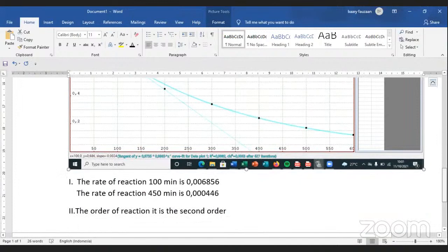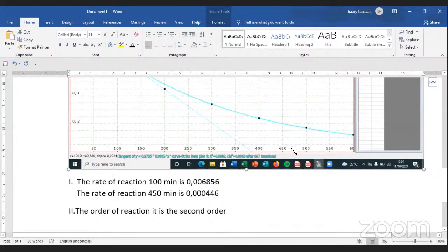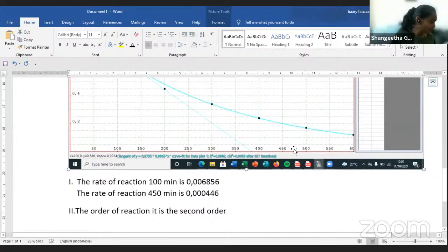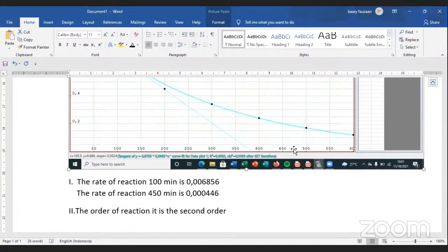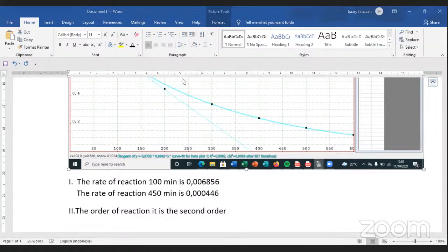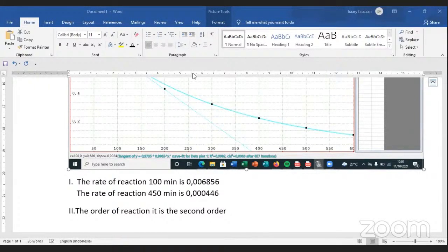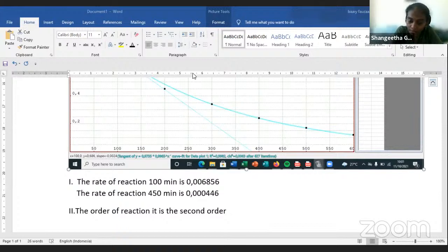Okay, doctor. So part 3, where you ask for your T half. For the rate constant, doctor. Yeah. If you know the T half, which we found just now in part 2, you can calculate the rate constant.